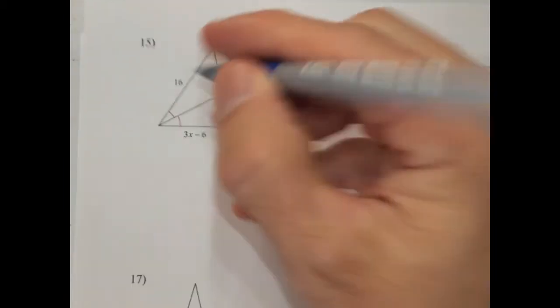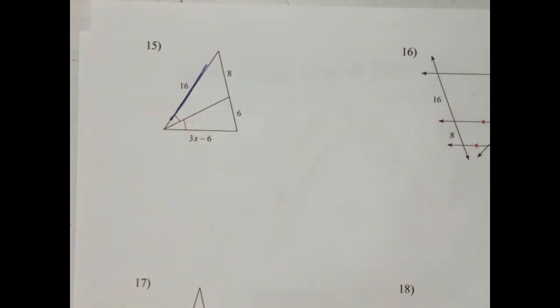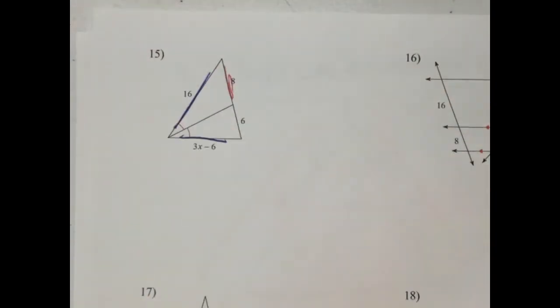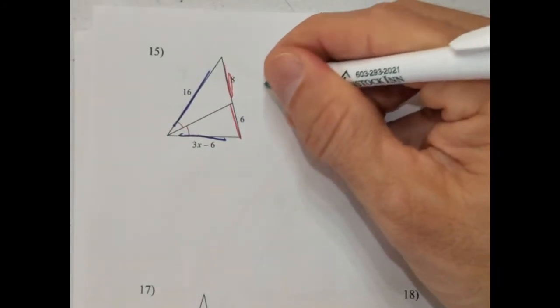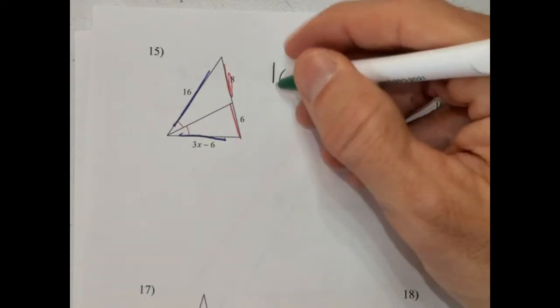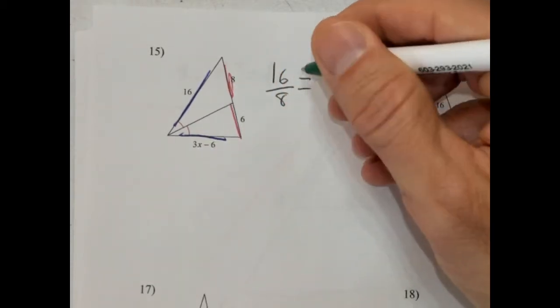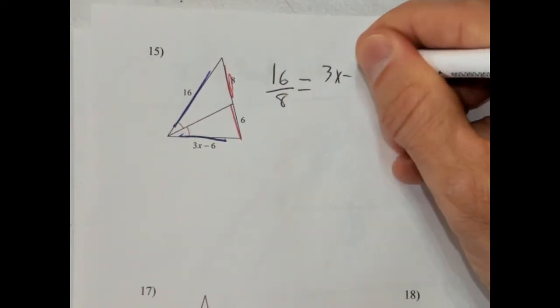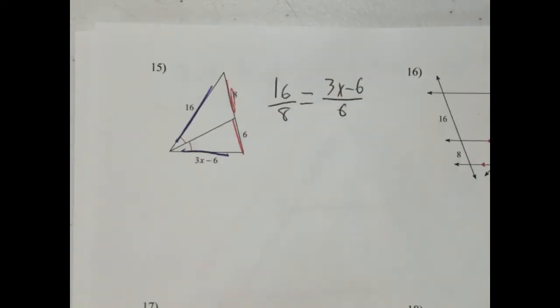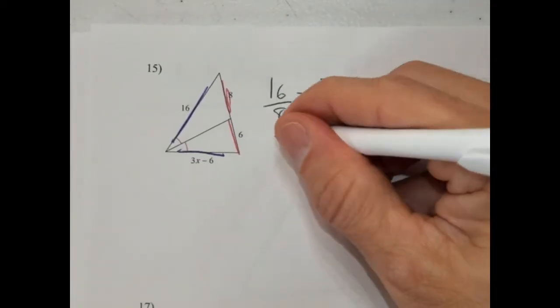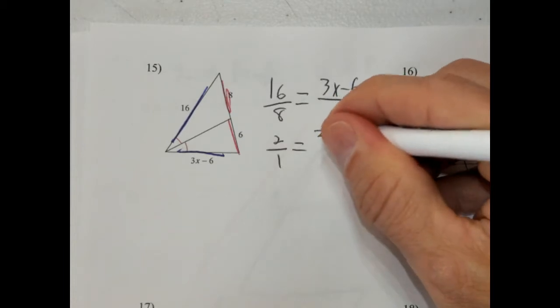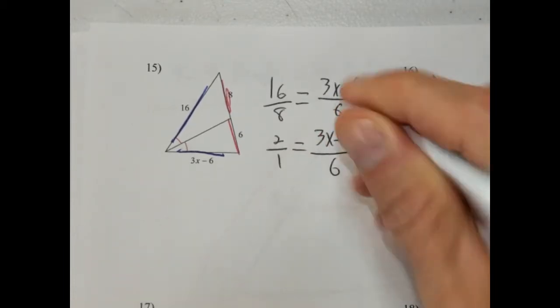Okay, so blue over red is going to be equal to blue over red. So 16, oh look, this is double, so this whole thing's going to be equal to 12, I bet. And then 3x minus 6 over 6. I'm going to change that to 2 over 1. Why not? 3x minus 6 over 6.